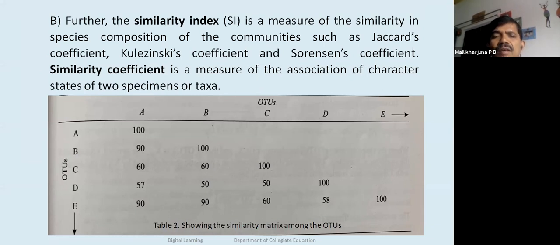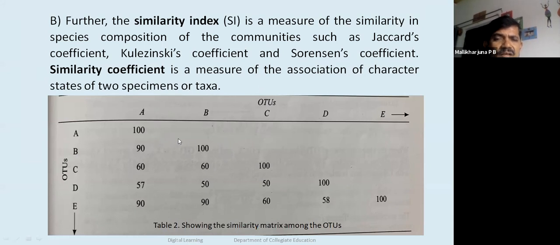And here we are using many statistical correlation principles, such as Jaccard's coefficient, Kulczynski coefficient, and Sorensen coefficient, in order to obtain the similarity coefficient, which is the measure of association of states of two specimens or taxa.